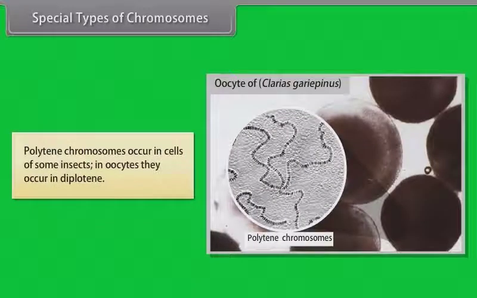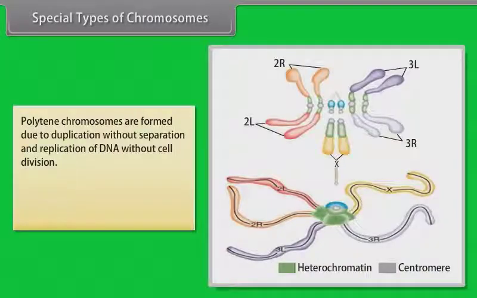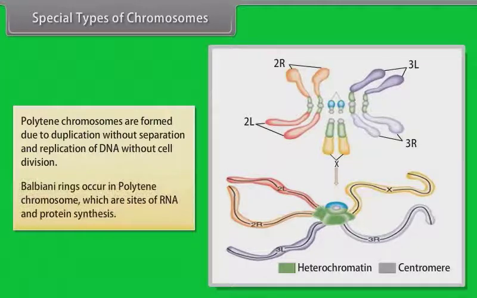Polytene chromosomes occur in cells of some insects. Polytene chromosomes are formed due to duplication without separation and replication of DNA without cell division. Balbiani rings occur in polytene chromosomes, which are sites of RNA and protein synthesis.